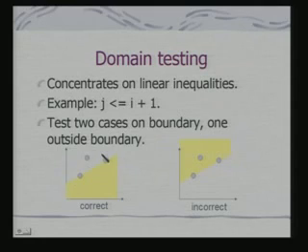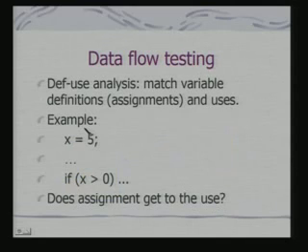By putting in values of j and i, I should check whether I am at the boundary, outside the boundary, or inside the boundary. So, a thumb rule says that you should test two cases on the boundary and one outside the boundary. This is domain testing. I am just giving you the basic flavor of domain testing. Whenever such inequalities are there, you have to make a choice of your test patterns corresponding to the inequalities.